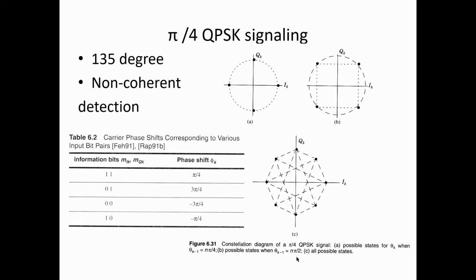And if it is 1 0, we use a phase shift of minus pi by 4. With these phase shifts, the maximum phase shift we are providing is 135 degrees. So this is the constellation diagram, which ensures that there will be a pi by 4 and a 3 pi by 4 phase shift between the bits.